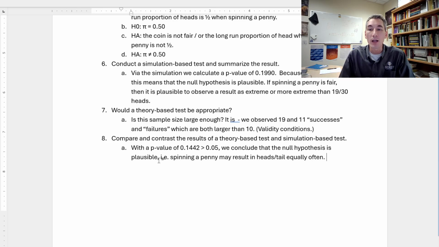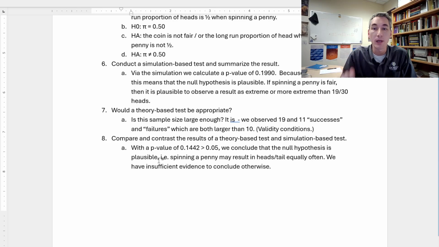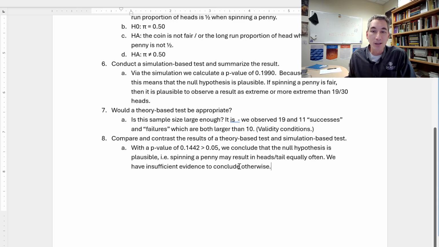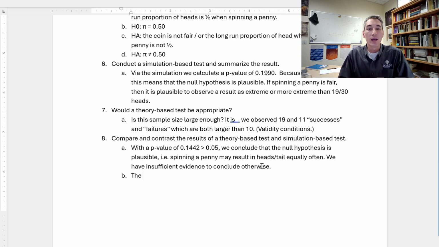That is plausible. So we have insufficient evidence to conclude otherwise. And this, you want to be careful. We didn't prove that the penny was fair. We just didn't prove it was rigged or not fair, right? Something like that.